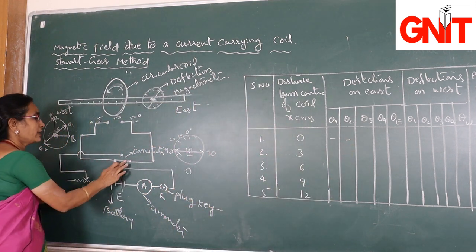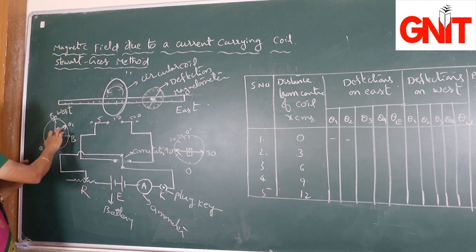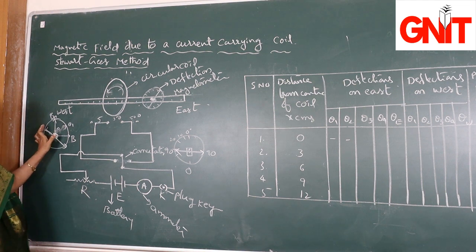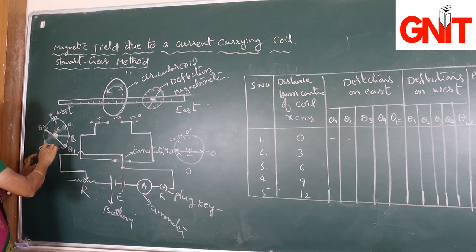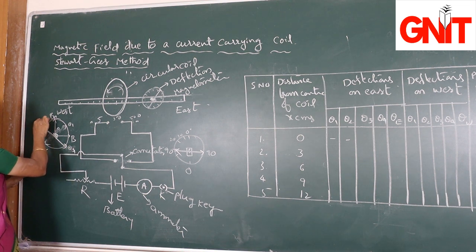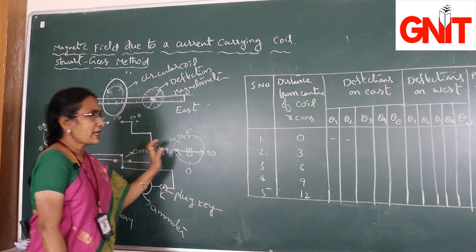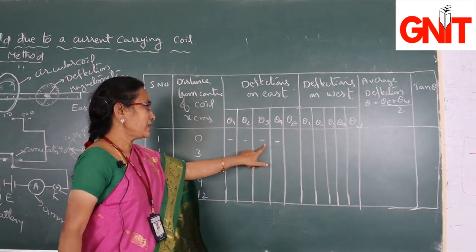Next what you do is, you will reverse the direction of current by connecting these 2 terminals. Then the direction of the deflection of the magnetometer also reverses. You get another 2 angles here. One side is theta 3, the other side is theta 4. Measure these 2 angles and note down the values here, theta 3 and theta 4, and take the average of these 4.